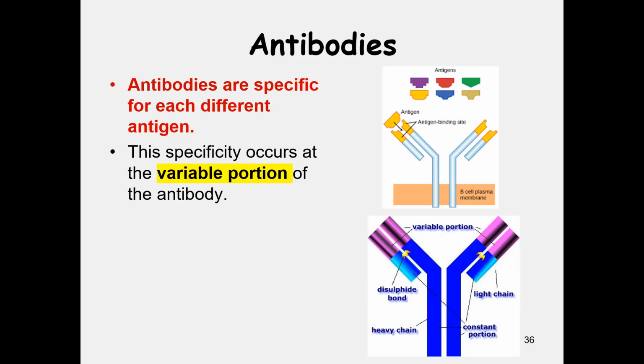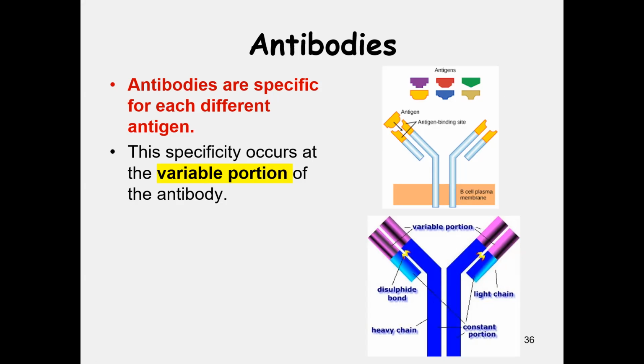So this bit here can move along this hinge. So the light chain moves away from the heavy chain so that the antigen can fit in. Now there are also two sets of sulfur bonds here to hold it together.